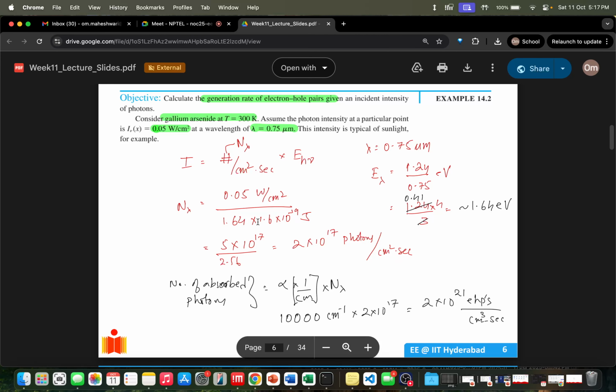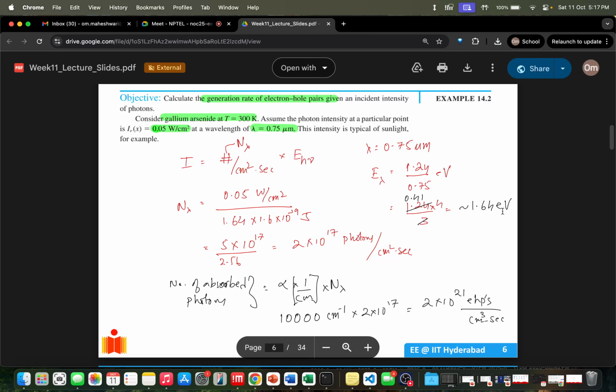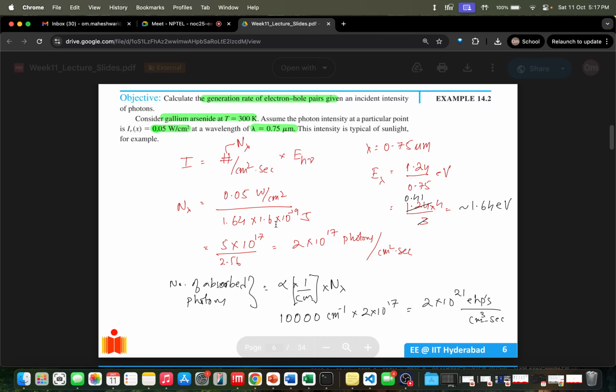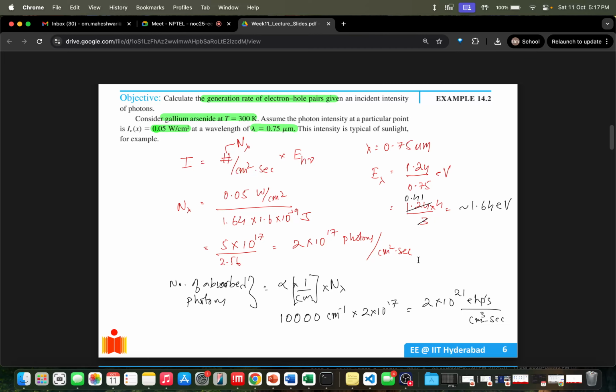What is this 1.64? It is the energy E lambda, which we got from 1.24 by lambda. We have already seen this. This energy comes out to be 1.64 electron volts. By solving this, you get 2 into 10 to the power 17 photons per centimeter square per second.